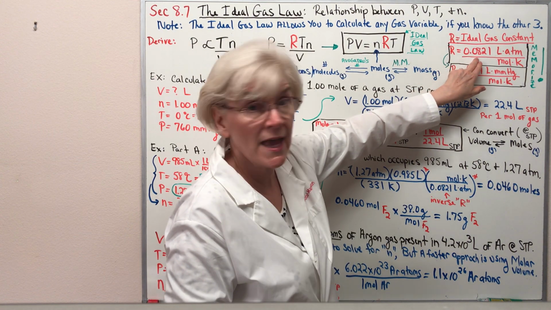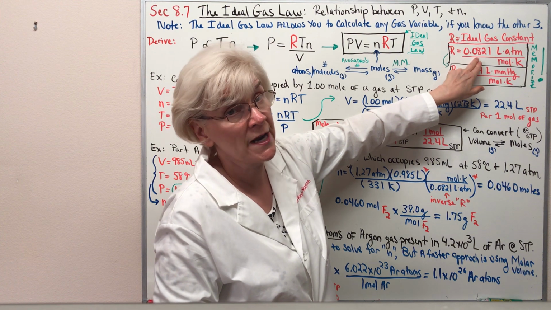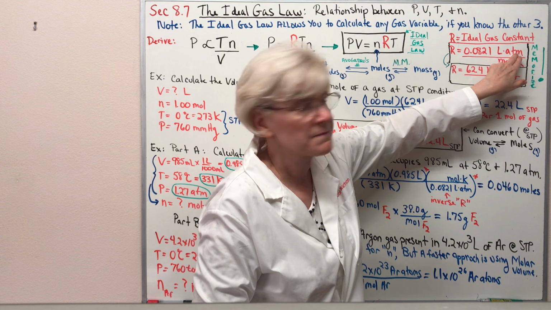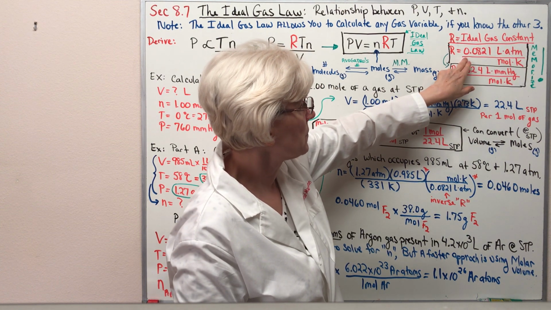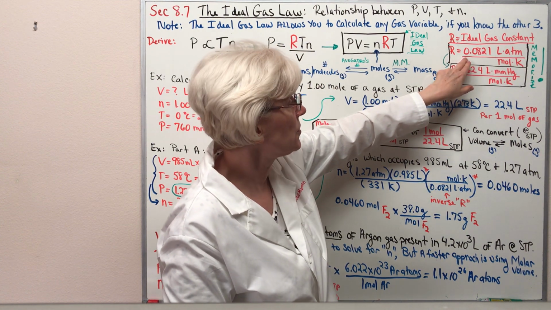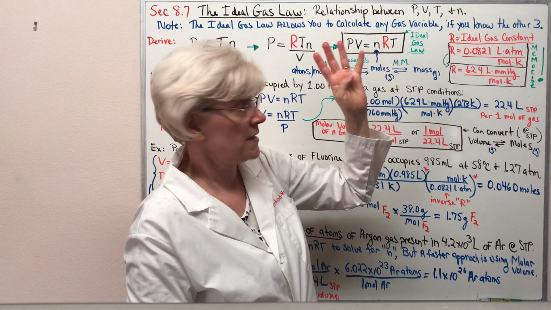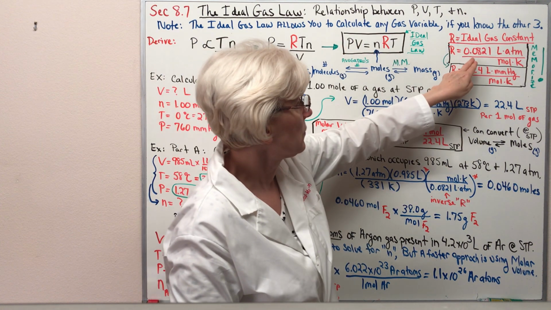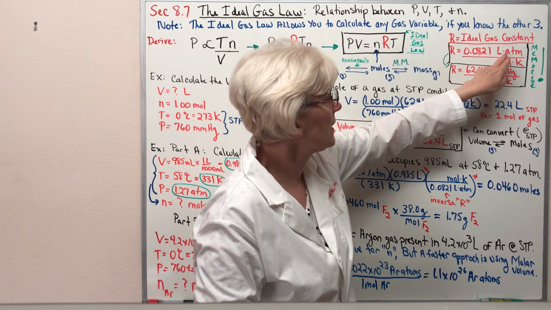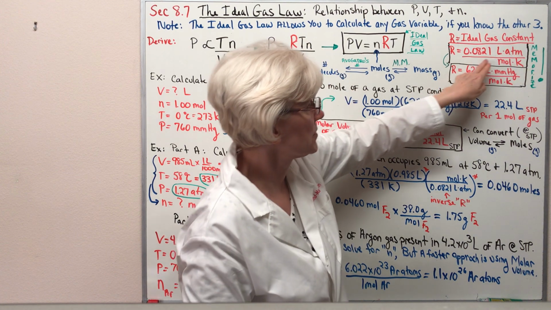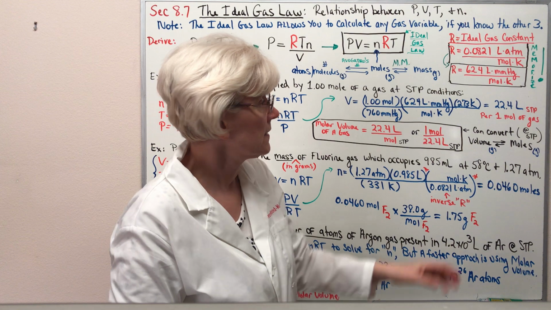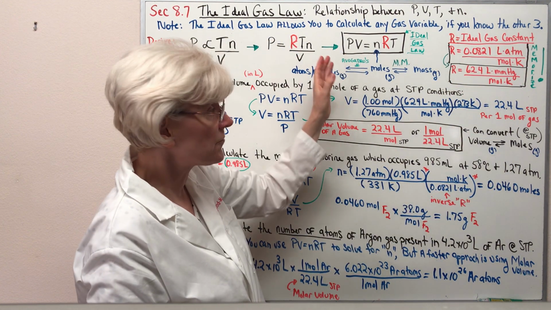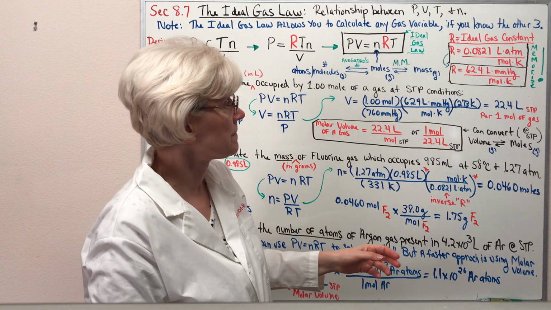So the ideal gas law constant that I memorized first has a pressure unit of atmospheres. And its value is 0.0821. Note, it's going to have all four variable units with it. 0.0821 liter atmospheres per mole Kelvin. So lots of messy units with the R value because of the four variables in the equation.